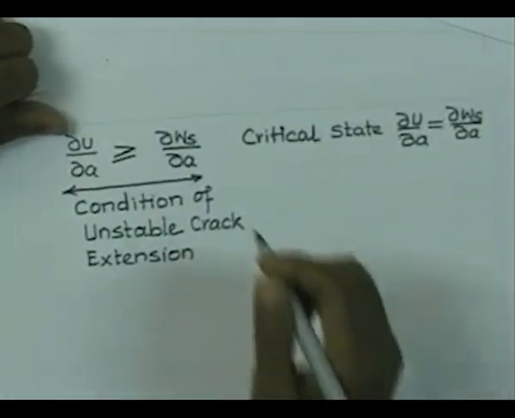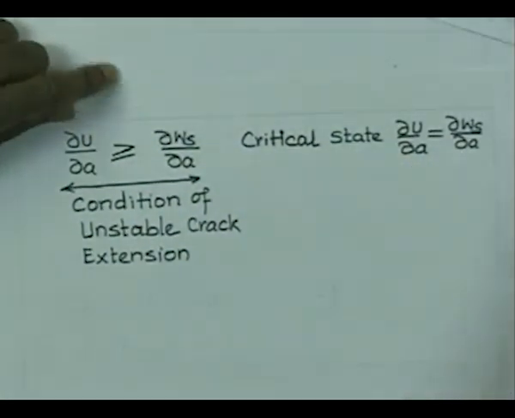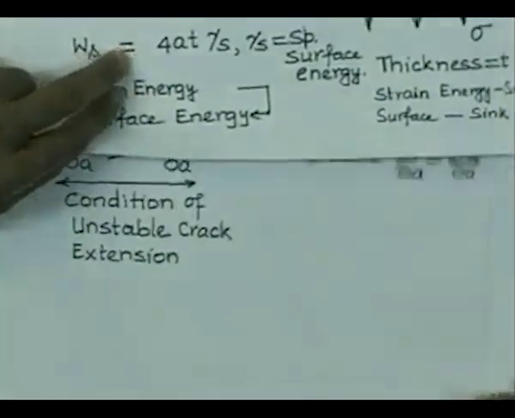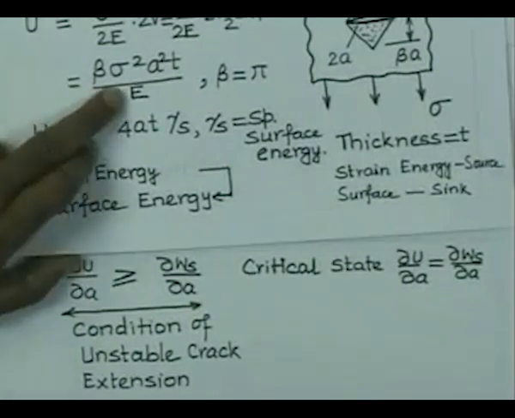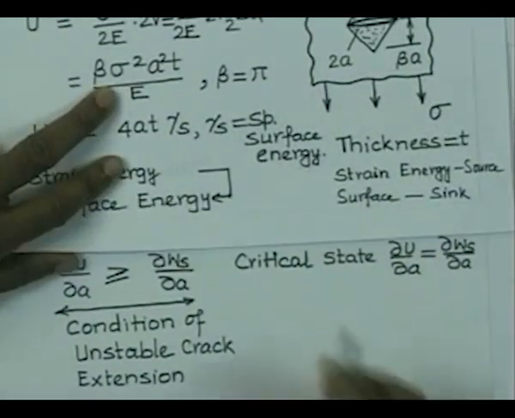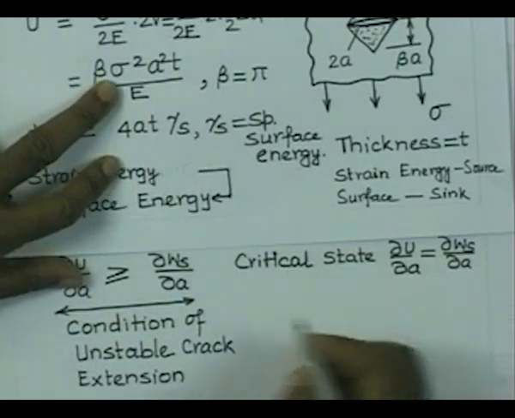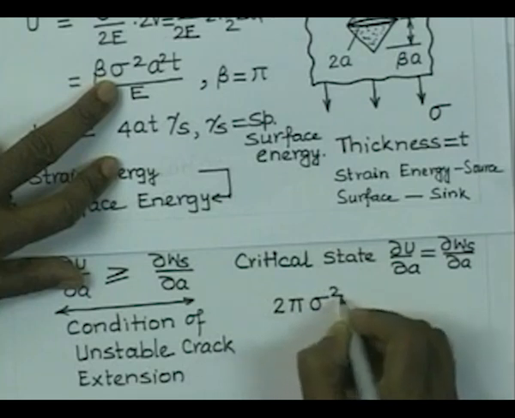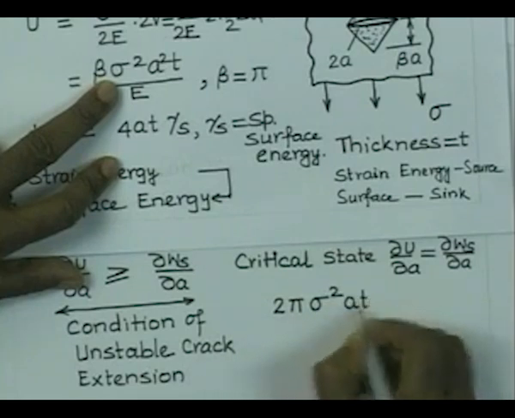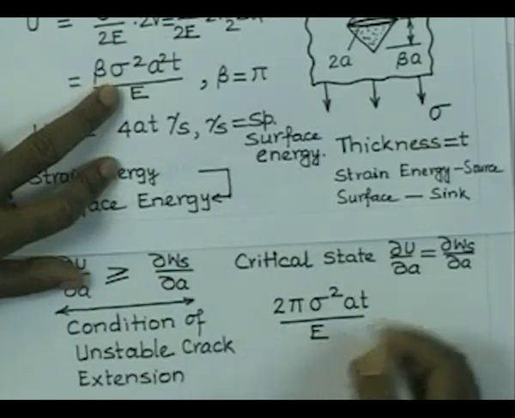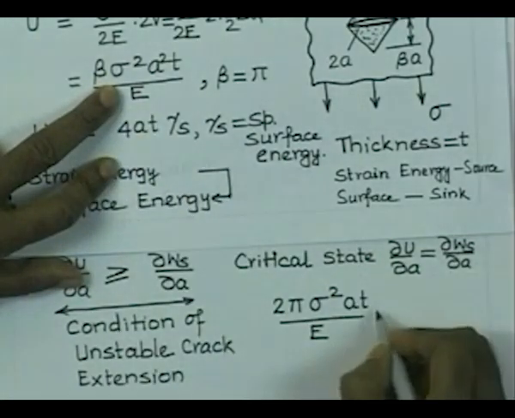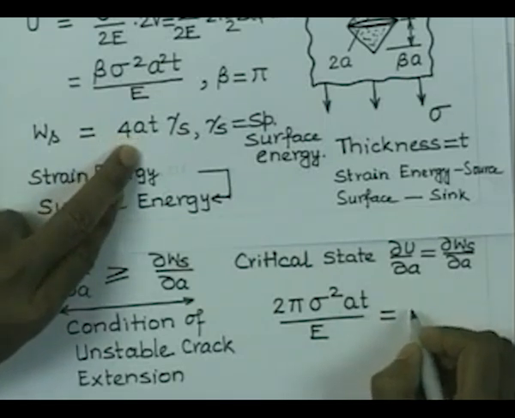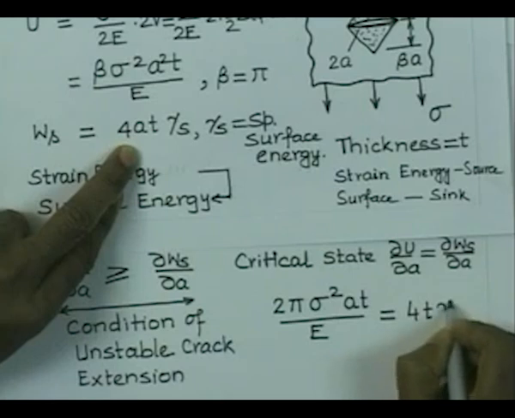So, we can now write the value of delta W by delta A. Our U was pi sigma square a square into t by E. So, if we take the derivative, it is going to be 2 pi sigma square a t by E, that is delta W by delta A, and if that is equal to delta Ws by delta A, which is nothing but 4 t times gamma s.